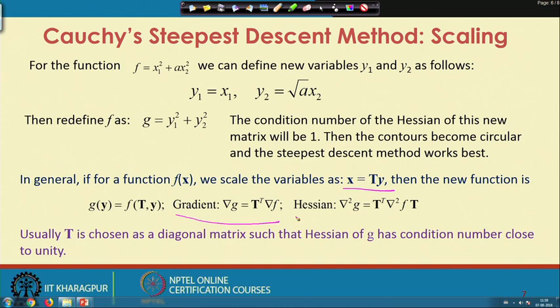Similarly, the Hessian of the new function can be computed as Hessian of g equal to transpose of T into Hessian of the old function f into matrix T. So, we have to choose the matrix T as a diagonal matrix such that the Hessian of the new function g has condition number close to unity.